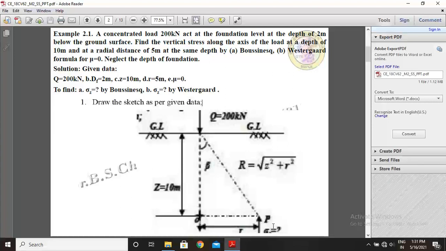Poisson ratio mu equal to 0. To find: vertical stress, that is sigma z equal to how much by Boussinesq, and sigma z equal to how much by Westergaard. So this is the given data and what is to be found.